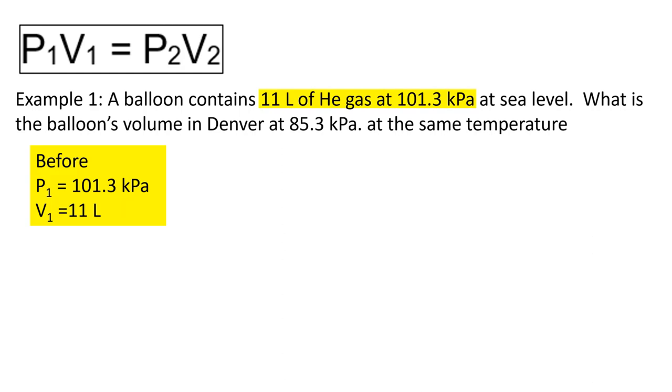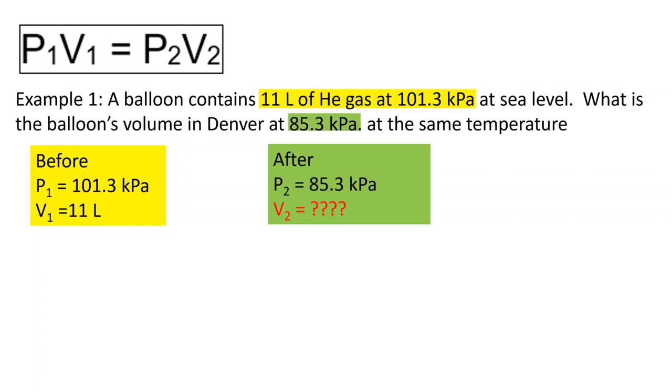So the most difficult part of this for students is picking apart the beginning conditions versus the ending conditions. So yellow shows our beginning conditions and green shows our ending conditions. So I've identified my variables. So I plug this in to P1 V1 equals P2 V2, and I have 101.3 times 11 is equal to 85.3 times V2.